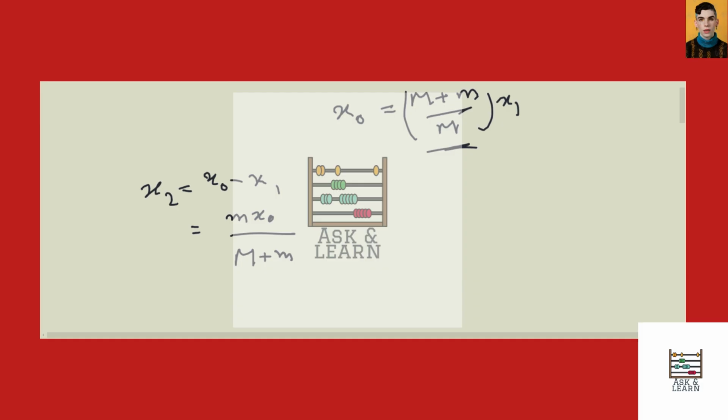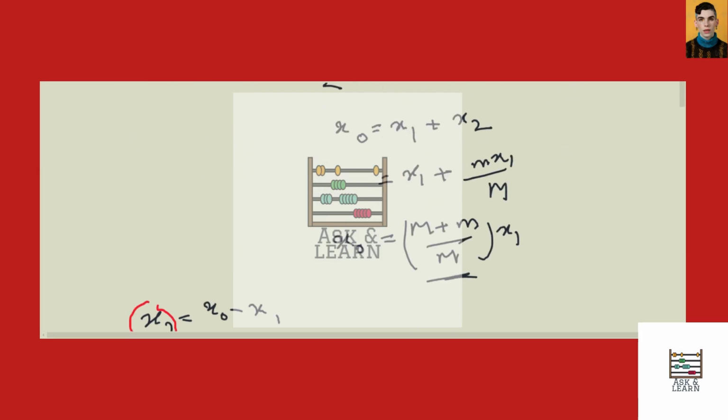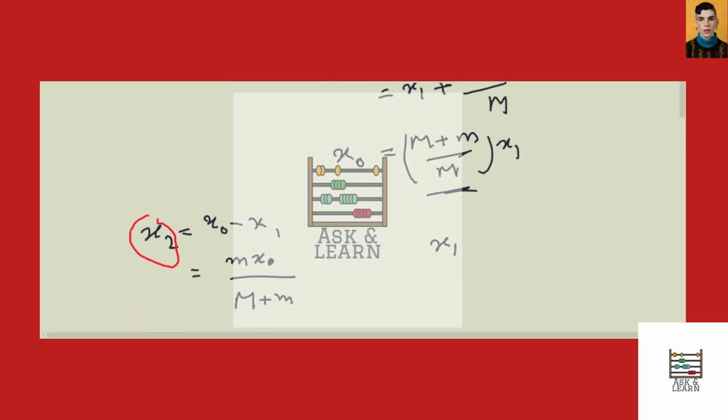Thus we have the two amplitudes. x1 can be written from here itself, so let me write down: x1 equal to capital M x naught over (M plus m). So we have got the two amplitudes.